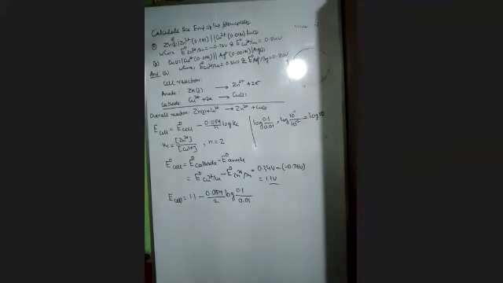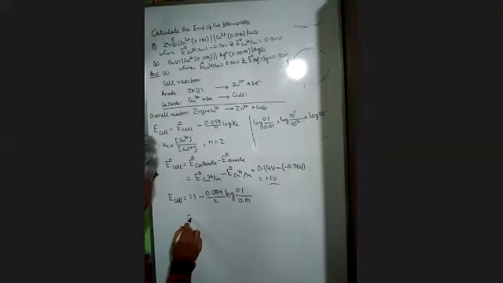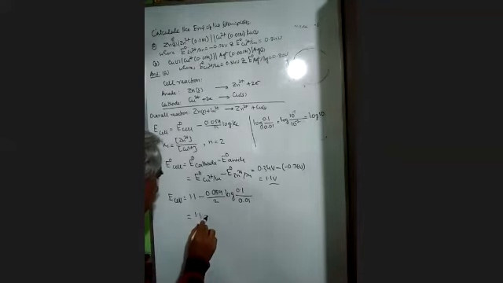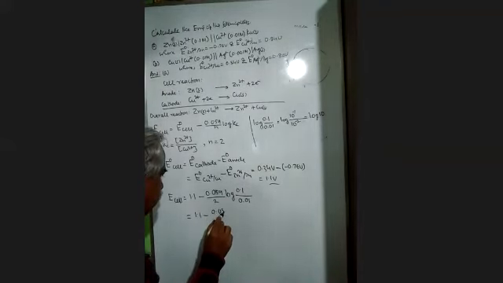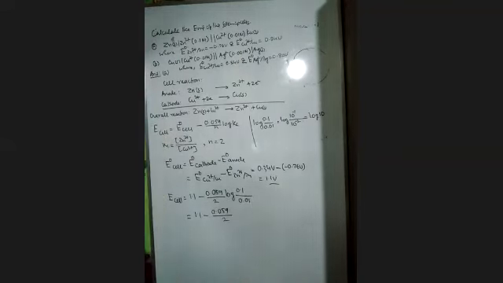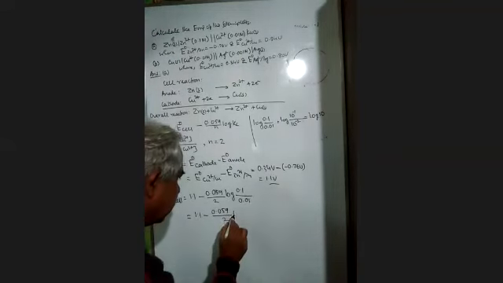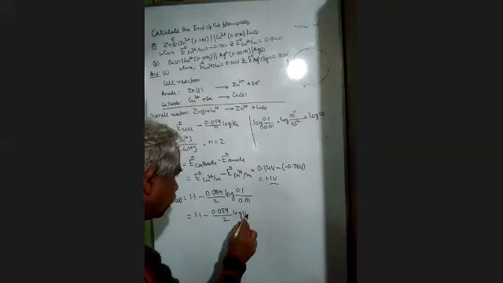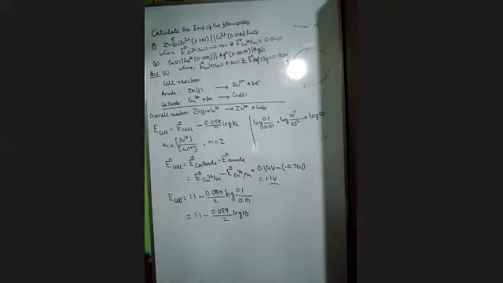So log 10 is what? 1. So it is 1.1 minus 0.059 divided by 2. Finish. Now find the value. Plug it in. The rest I will not do.